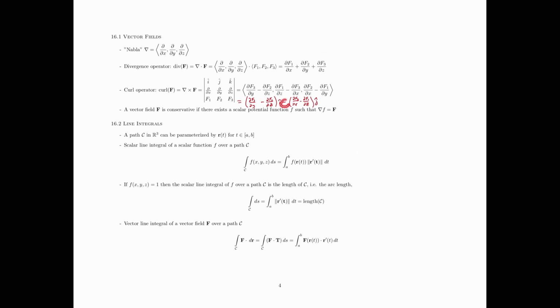This is the thing. Don't forget about the alternating minus sign in the middle there. Plus you'll have your del f2 del x minus del f1 del y k hat. So that's exactly where these things are coming from.